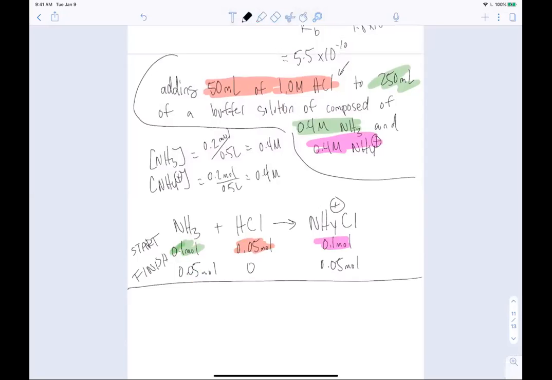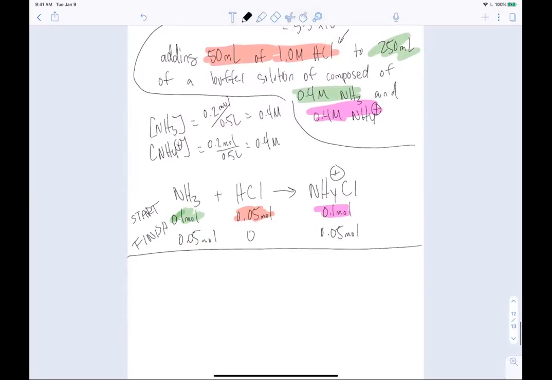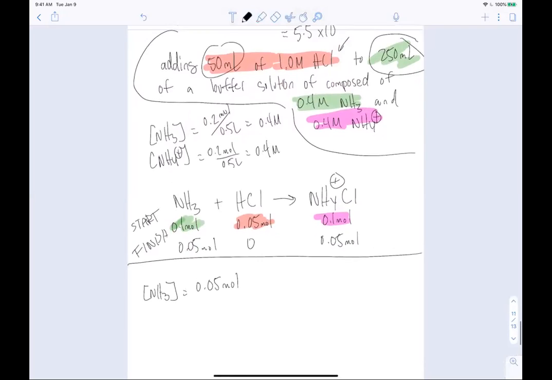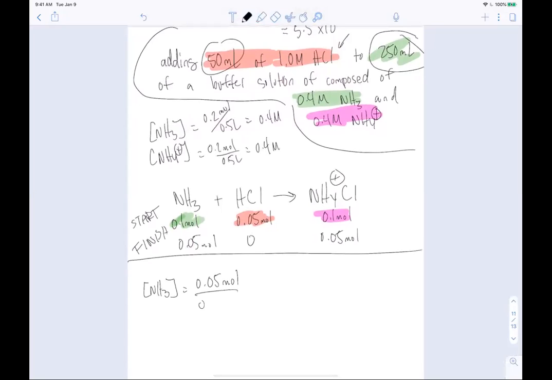And so now we just want to convert everything back into concentrations. So the ammonia concentration is just going to be equal to the number of moles of ammonia that we have, and we're going to use the total volume. At the end of this, we're going to have 300 milliliters of solution, so we have 0.3 liters.